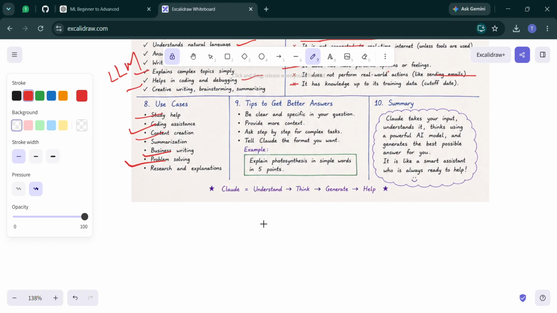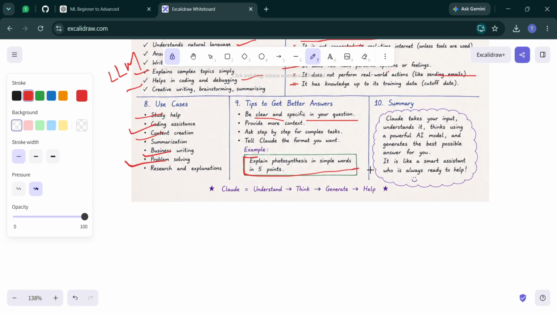Be clear and specific in your question, and explain everything you need. "Explain AI" is an incomplete question. Instead, we can say "explain AI in simple English with real-life examples," and it can provide you more details.